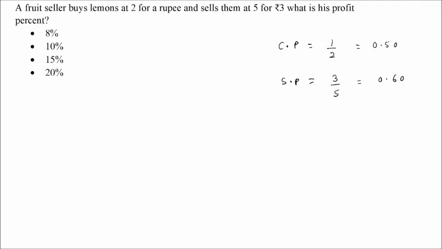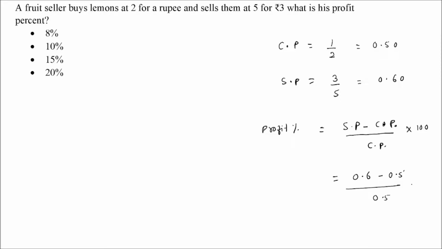That means 0.60. The profit percent is equal to selling price minus cost price upon cost price into 100. So this is 0.6 minus 0.5 upon 0.5 into 100.